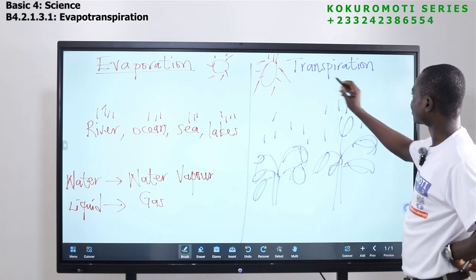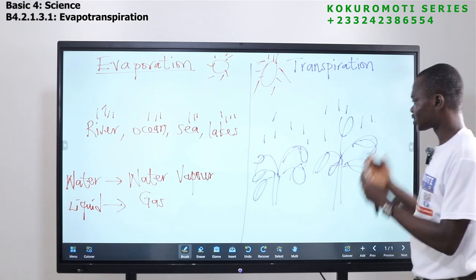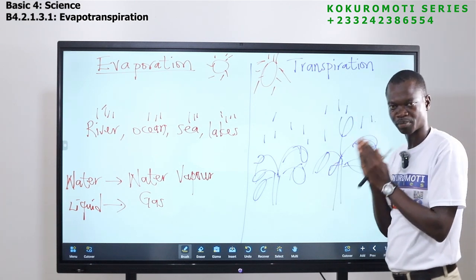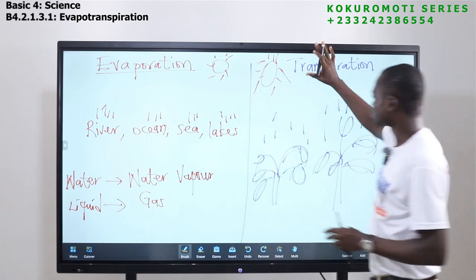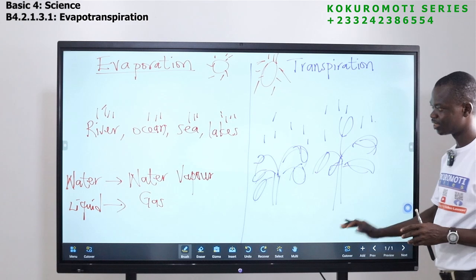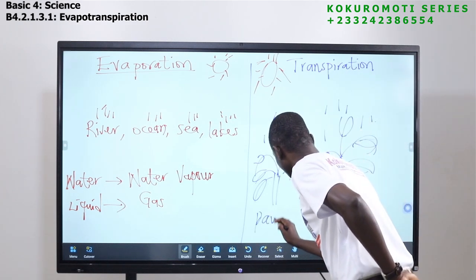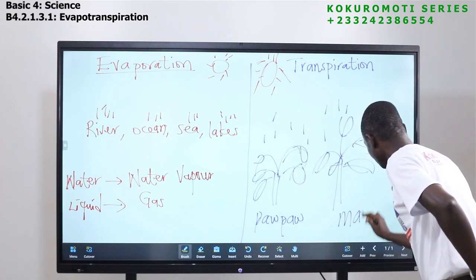So anytime we talk about transpiration, we are talking about water moving from plants to the atmosphere in the form of water vapor. So evaporation takes place in water bodies, but transpiration takes place in plants. This could be pawpaw. This could also be mango.